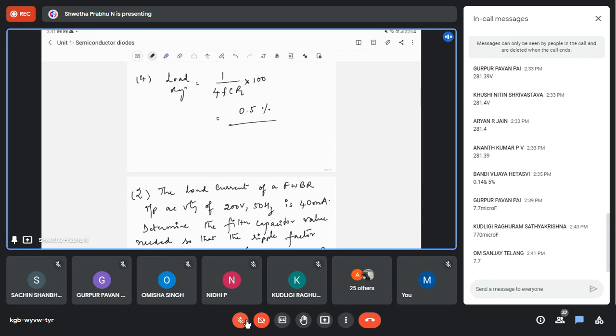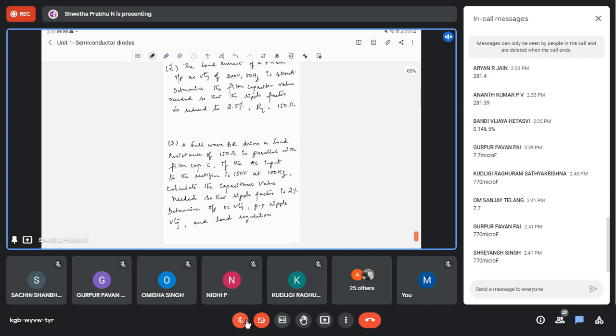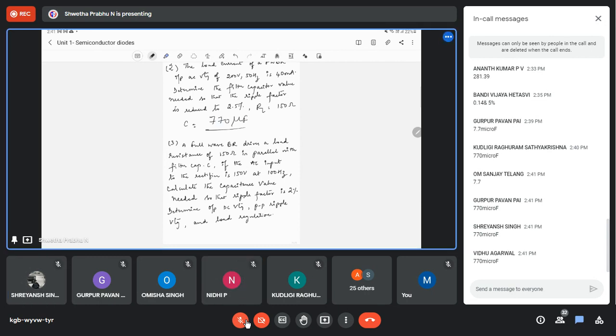Multiply by 100, keep the value in percentage. What is the answer? Second question. 770 microfarad.